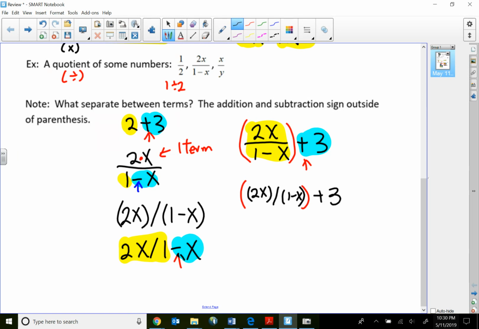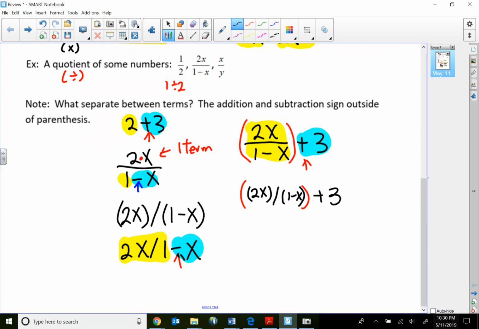There are different ways to key it in. This is probably one of the safest ways to key it into the calculator, so we can tell the calculator to separate between the two terms. Remember, addition and subtraction signs outside the parentheses are what we use to separate terms.